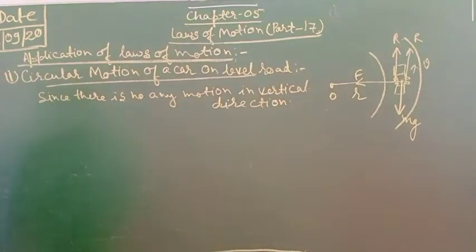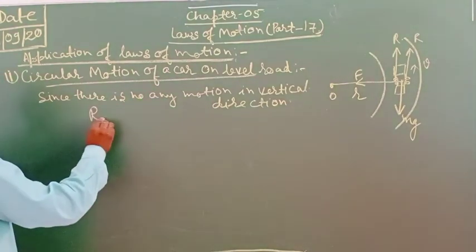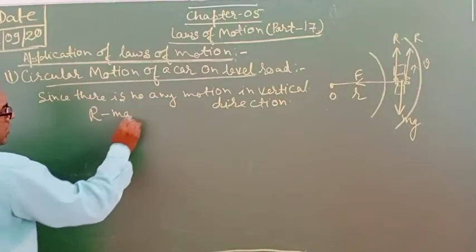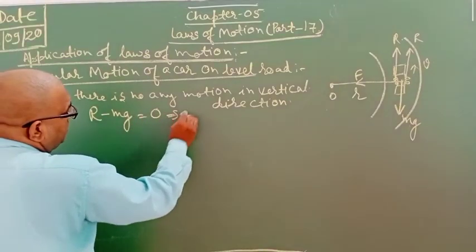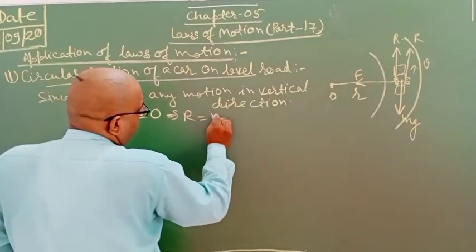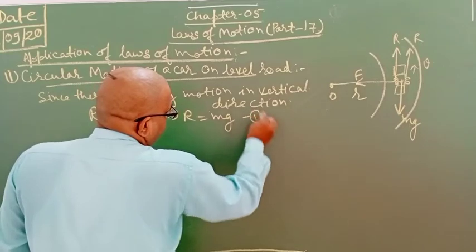So R minus mg is equal to 0, or you can say that R is equal to mg, and we consider it equation number 1.